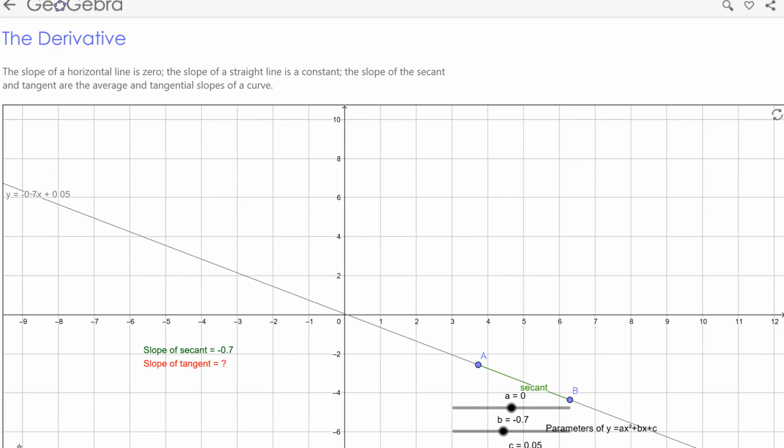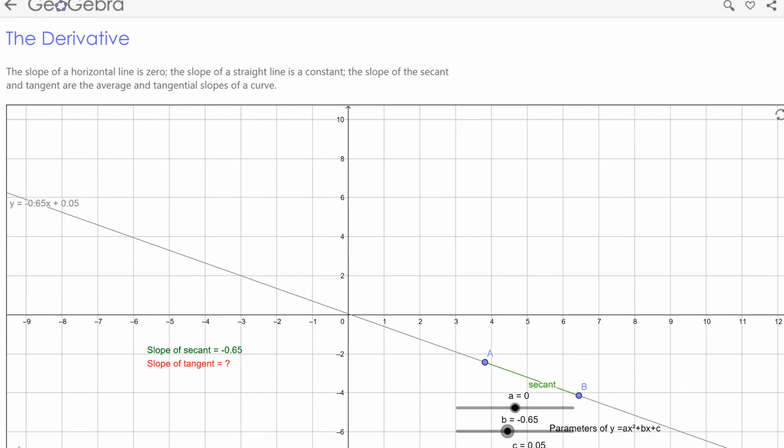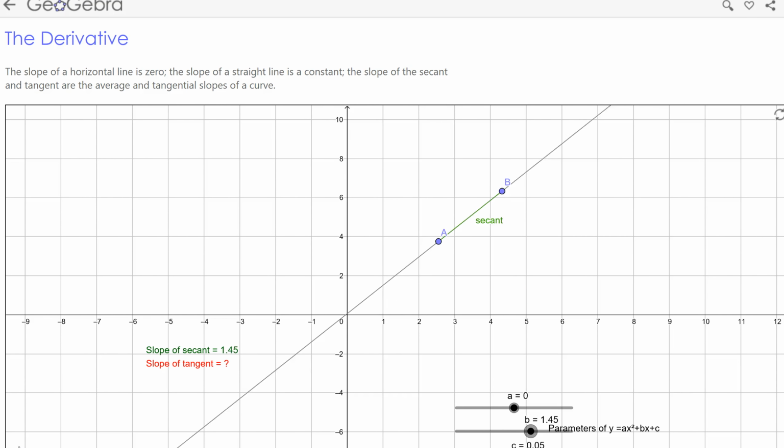Now if we change the value of b so that we have a different straight line, then we know that the slope of the straight line is the same as the slope of the secant. The pen is very sensitive today.